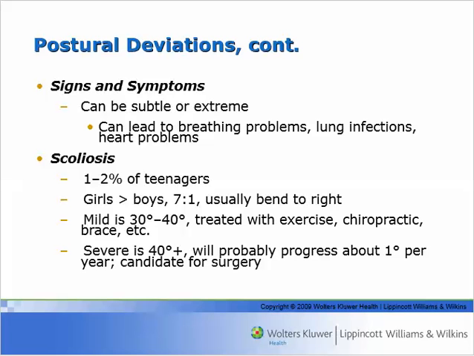One of the issues that people have with scoliosis is they're told they have scoliosis, and they think of Quasimodo. They think of somebody with this horribly distorted spine that will end up in a wheelchair. Most people that have scoliosis have just some mild difficulties. But it can get fairly extreme.